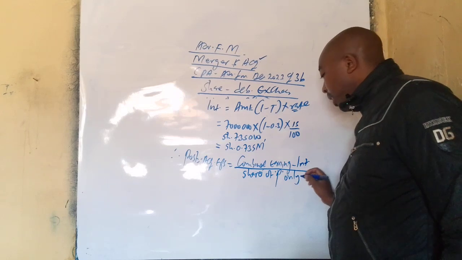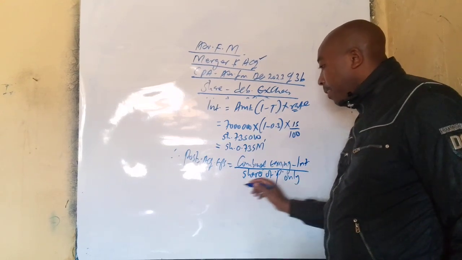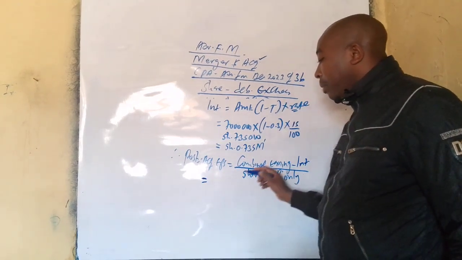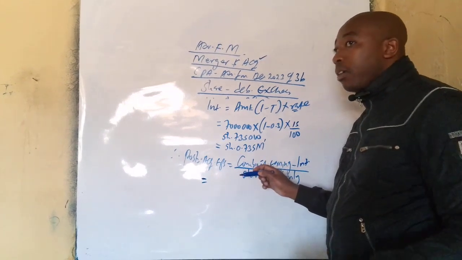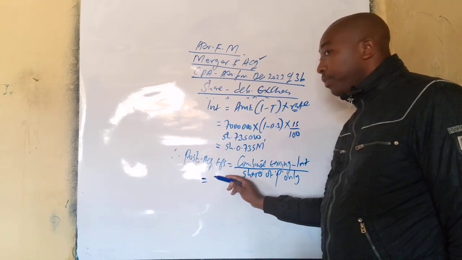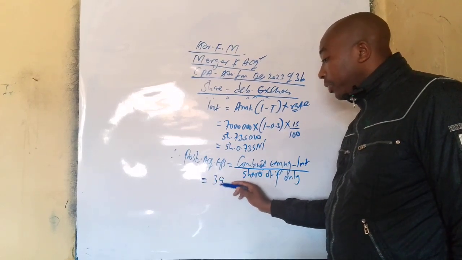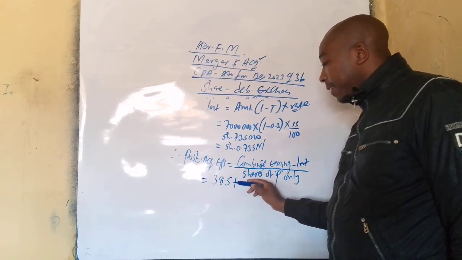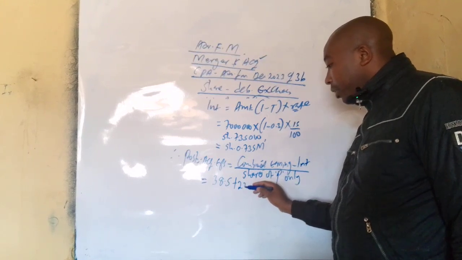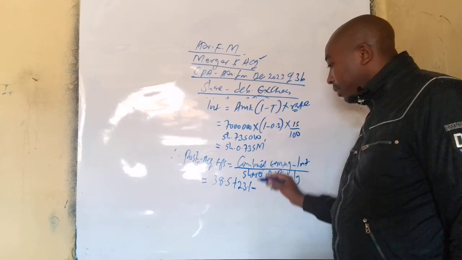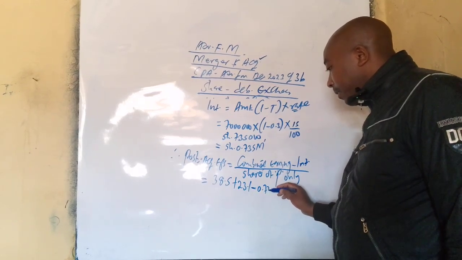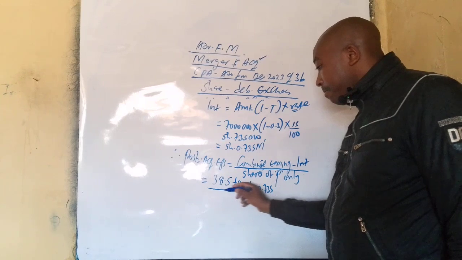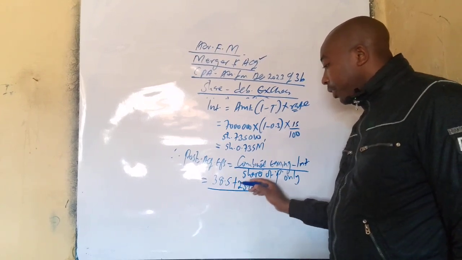So we are not going to add the shares of Target here. Our combined earning, remember we have profit after tax. It was 38.5 plus 23.1. Then now we minus 0.735 all over the shares of Predator.